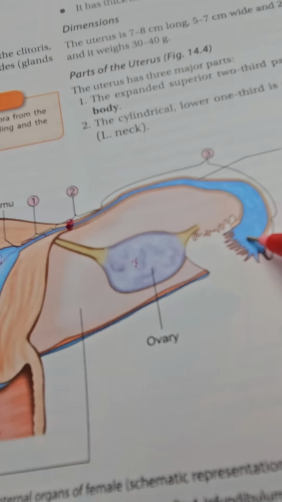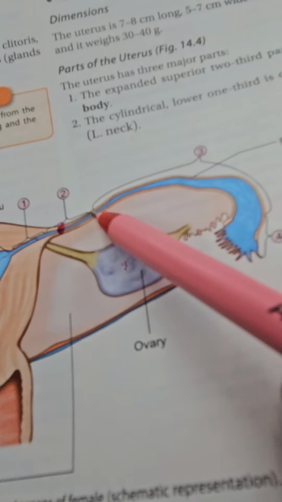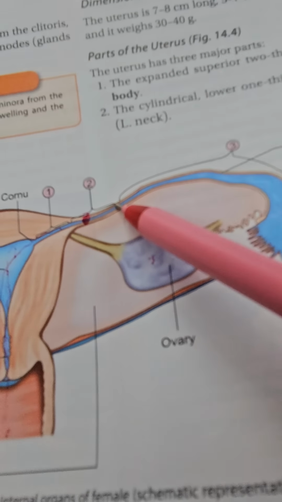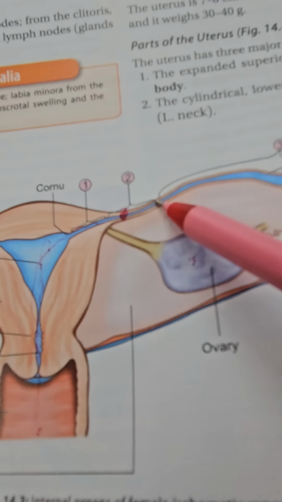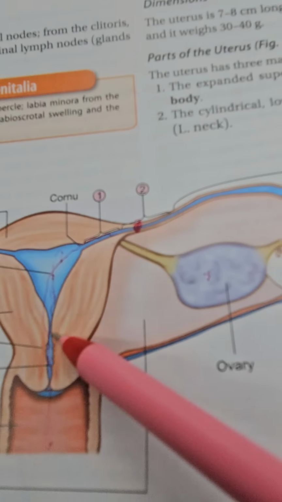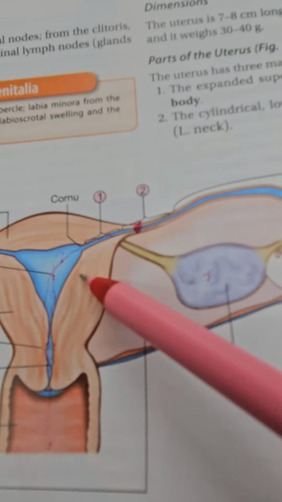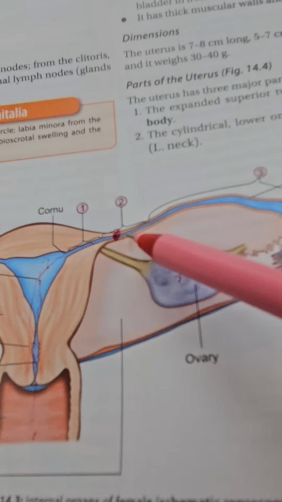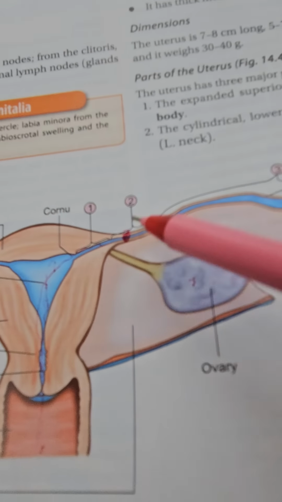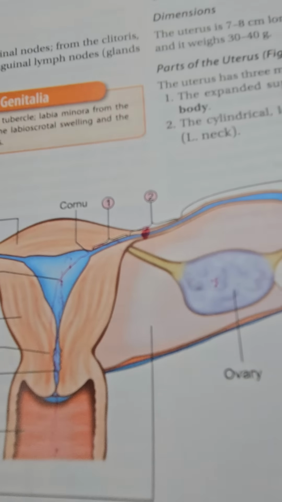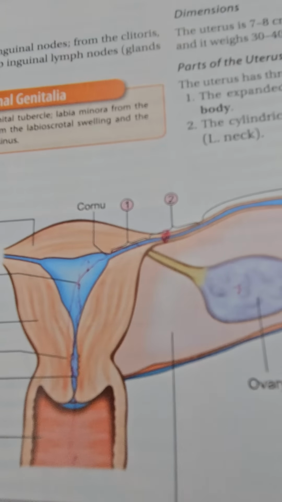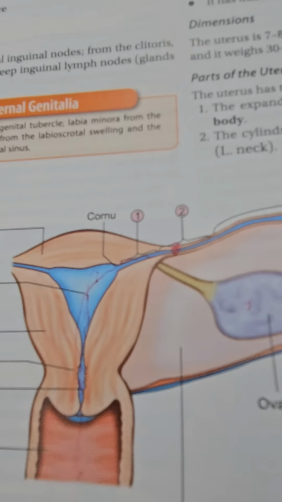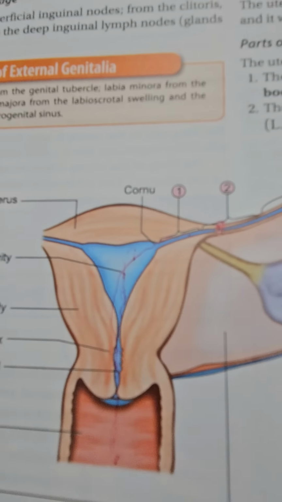This ovum goes slowly and gradually and comes to the middle part of the tube and stays here. If it meets with the male partner, the sperm comes inside the uterus, runs here and there, and ultimately joins with an ovum and forms a zygote. This is the main formula, the main criteria, the main basis for the beginning of a life.